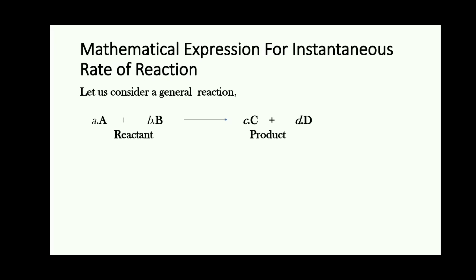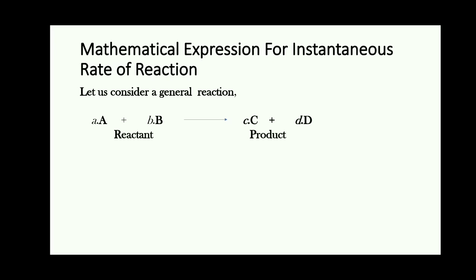Here we have small a, small b, small c, small d. These small a, b, c, d represent the number of moles of capital A, B, C, D taking part in the reaction.